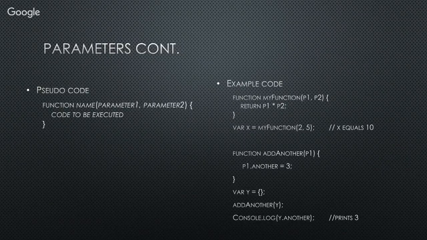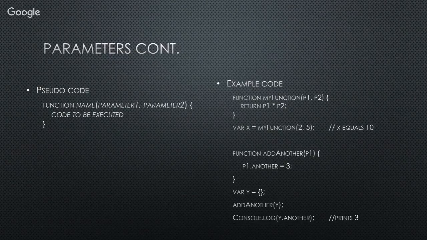So you do want to check sometimes in your code whether something being passed in is a certain type, like with typeof, just to make sure it's not going to break, as part of error checking. So here you have a function that takes two parameters, P1 and P2, and returns the value once you multiply them. Here var x equals myFunction, passing in 2 and 5, so x then equals 10.